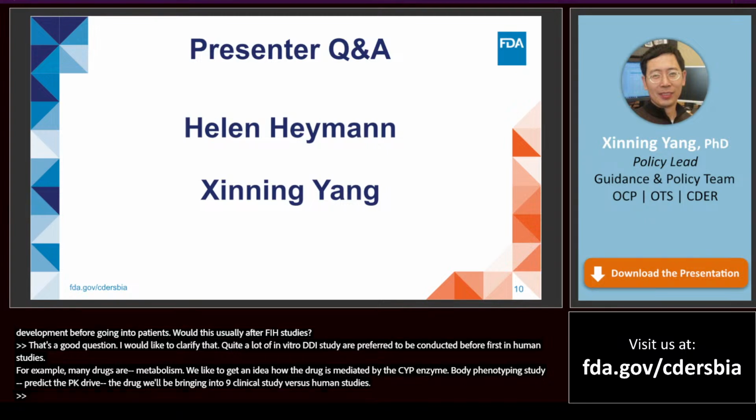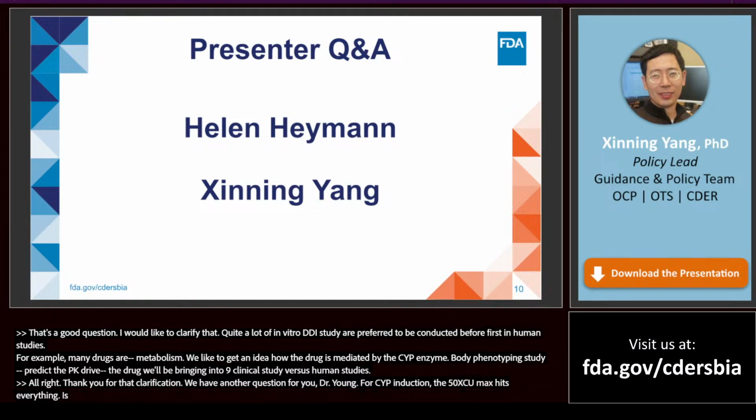All right, thank you for that clarification. We'll have another question for you, Dr. Zhang. For CYP induction, the 50x Cmax hits everything. Is there any plan to revise it to lower, like 30x? Yeah, that's an excellent question.